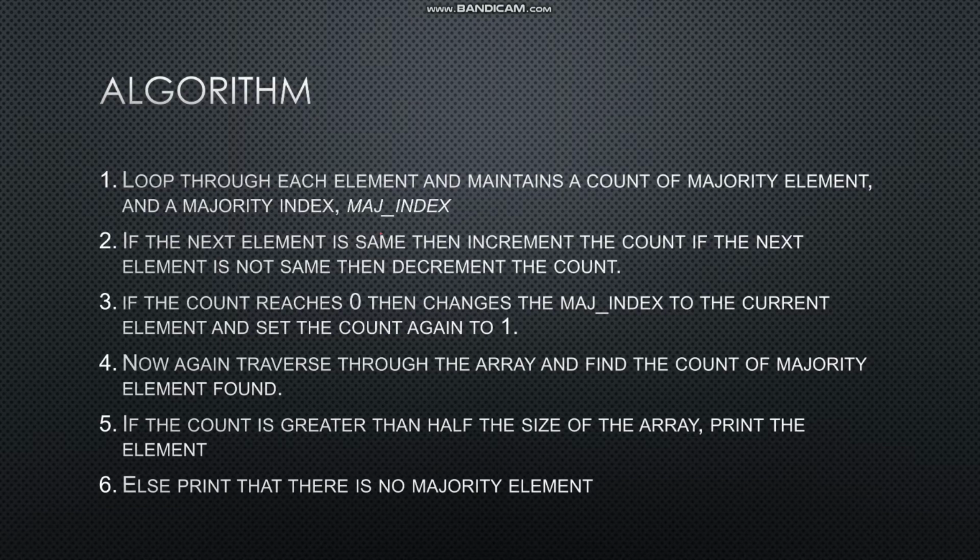Then if the count reaches 0, the majority index changes to the current element, and the majority element also changes to the current, and we reset the count to 1. Then we will traverse through the array and find the count of the candidate found. If the count is greater than half the size of the array, then we print the element, else we print there is no majority element.